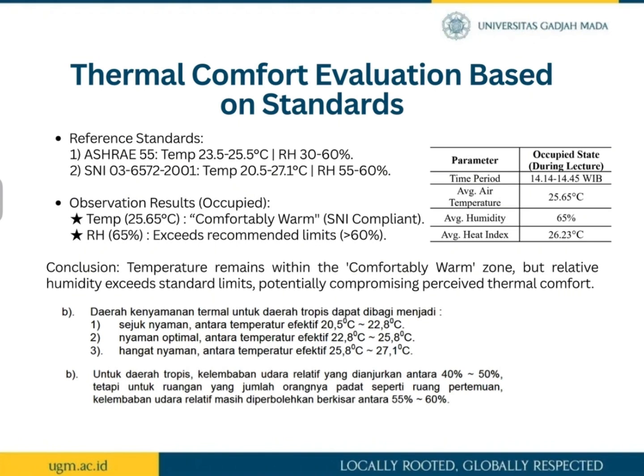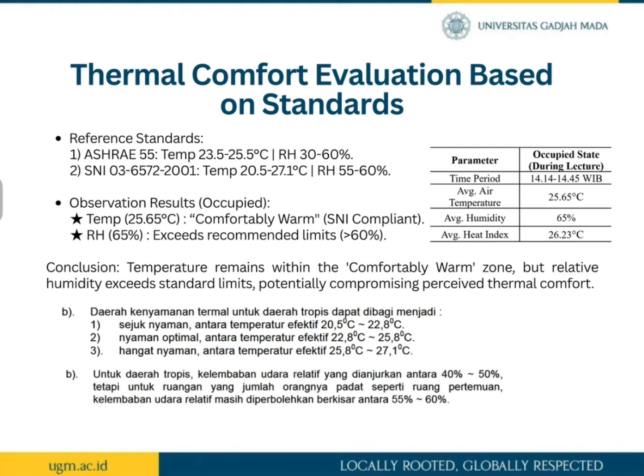Under occupied classroom conditions, the average measured air temperature reached 25.65 degrees Celsius. Although this value exceeds the air conditioning set point of 24 degrees Celsius, it is still technically within the upper limit of the comfort zone according to both ASHRAE and SNI standards, particularly within the comfortably warm category.